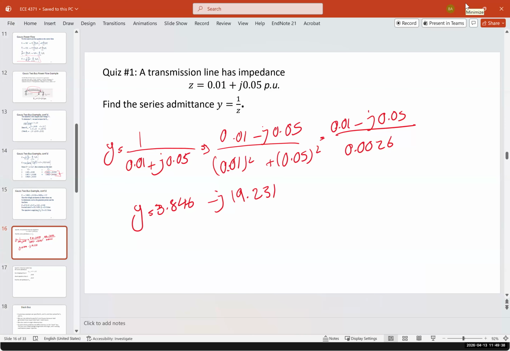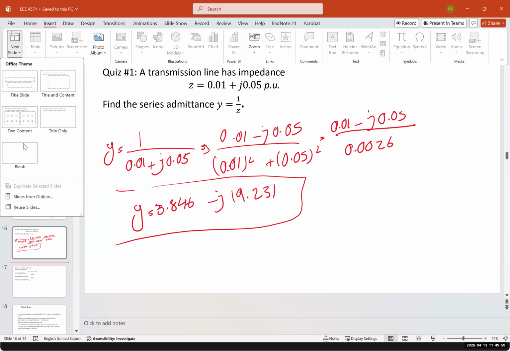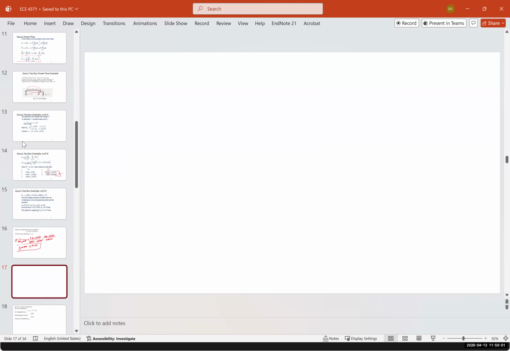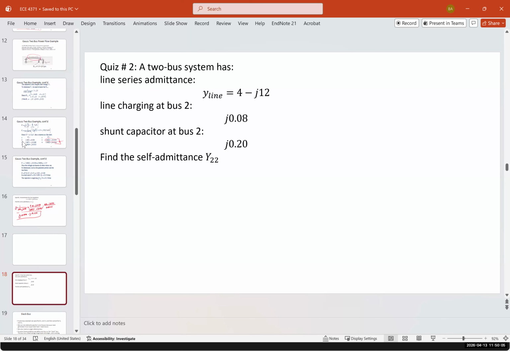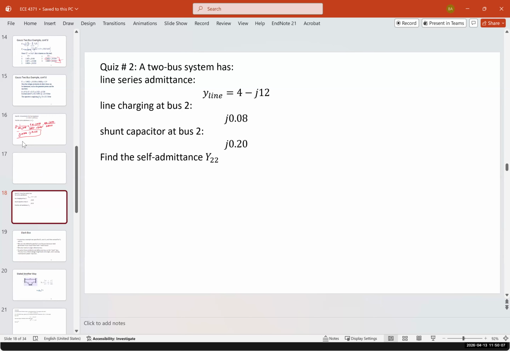Okay. So again, the answer is going to be 3.846 minus J19.231. Now, for self-admittance, let's do another problem.